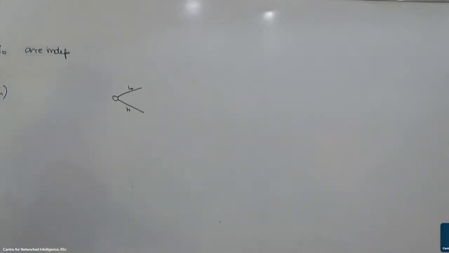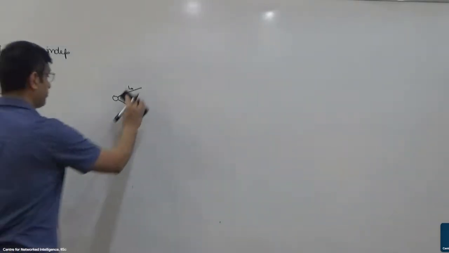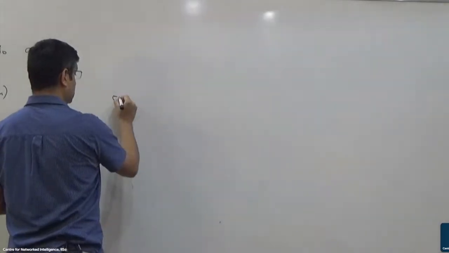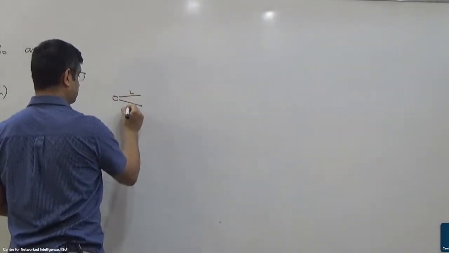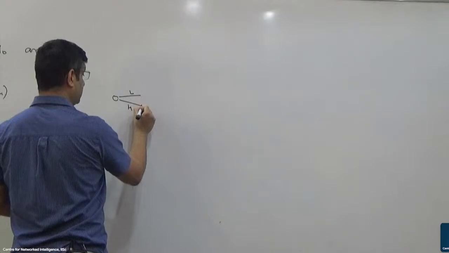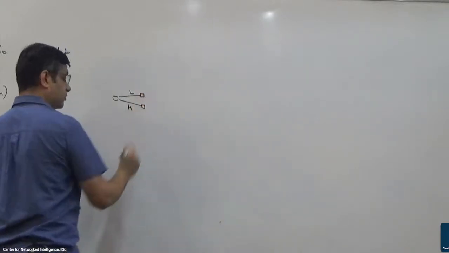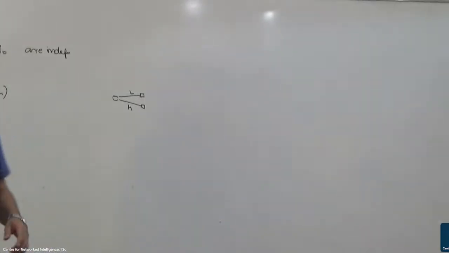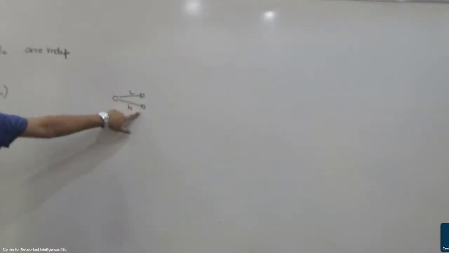I'll draw this in a slightly different way. Let me draw it like this. This is low or high, and then the decision maker has to act. Okay. At this stage, the decision maker does not know whether the state of nature is low or high.